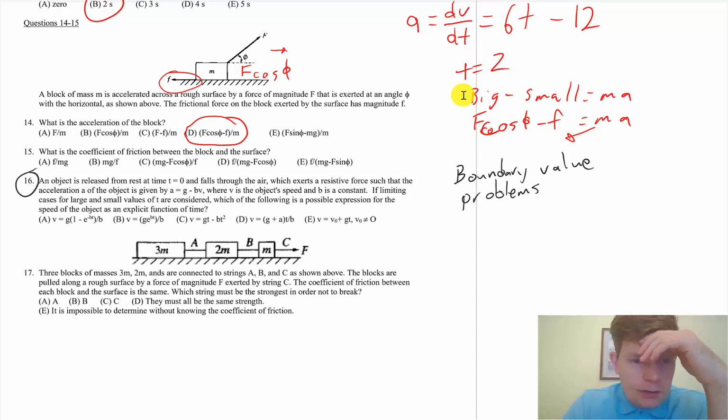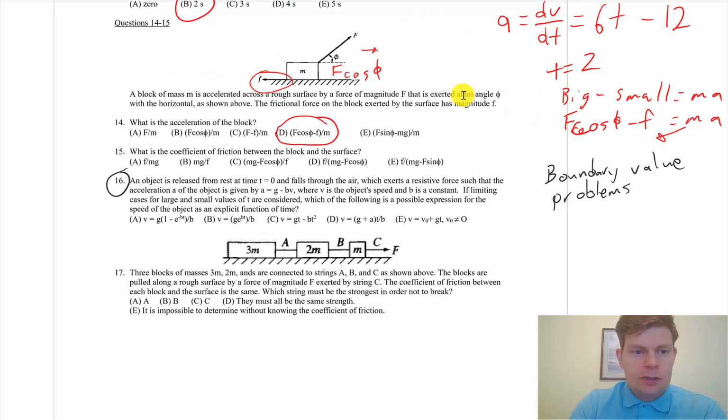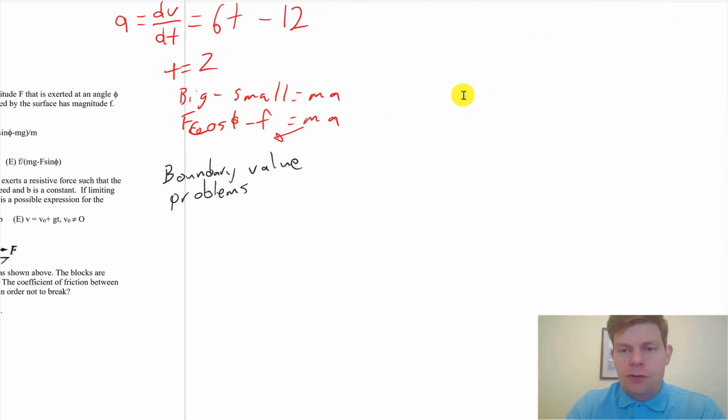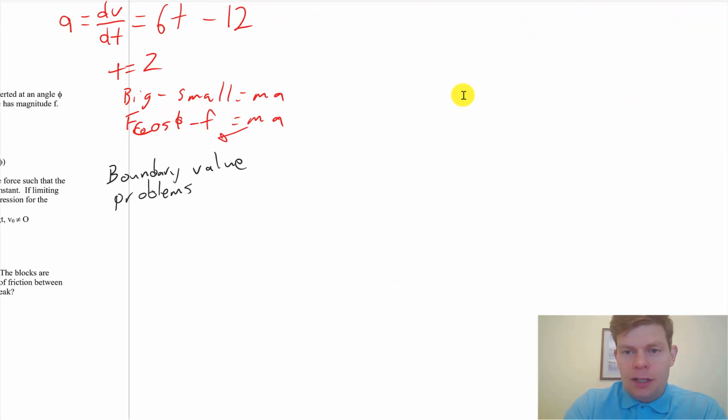The coefficient of friction is basically friction. Let's go move this. I need some space. All right, we want the coefficient of friction for this. Force of friction equals mu Fn.